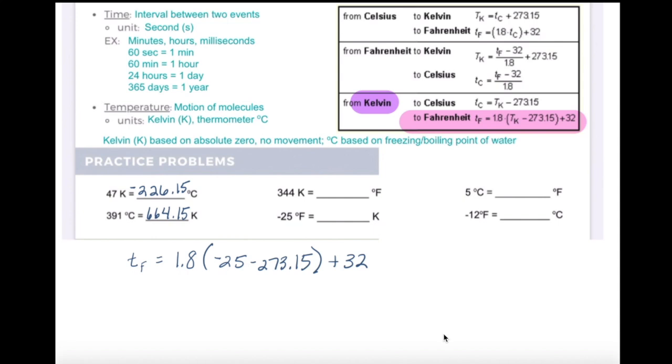So first, make sure in your calculator to subtract these two numbers, 344 minus 273.15, then multiply by the 1.8, and then add the 32. Whenever you do it in those particular steps, you should get 159.53 degrees Fahrenheit.